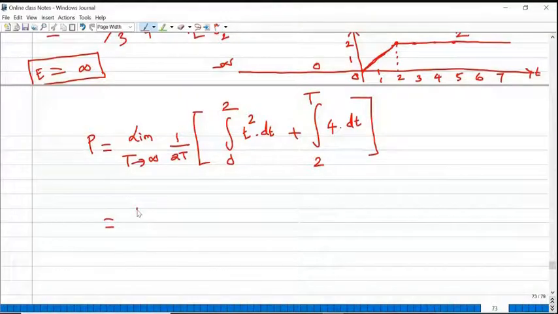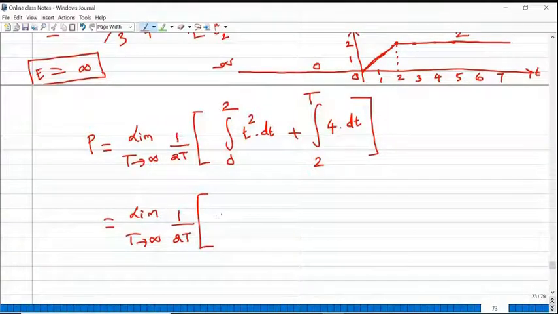Okay. Now try to solve it. Limit T tends to infinite, 1 by 2T for the first term. You solve this value, you will get 8 by 3, from 0 to 2 directly.